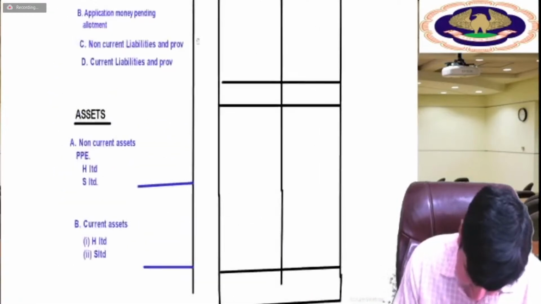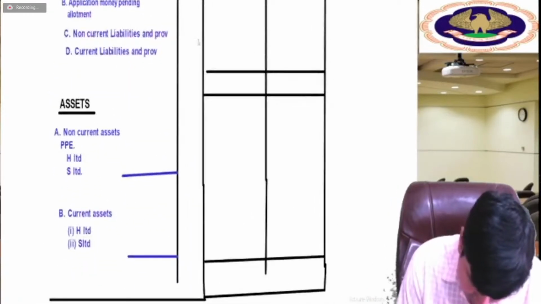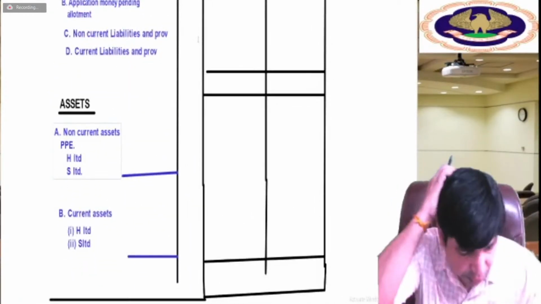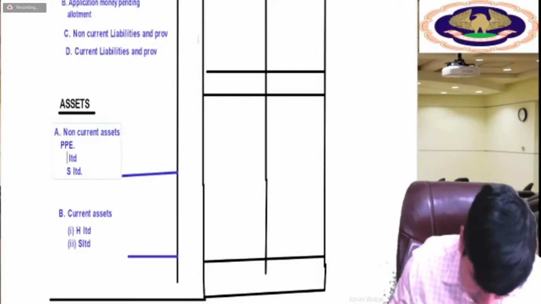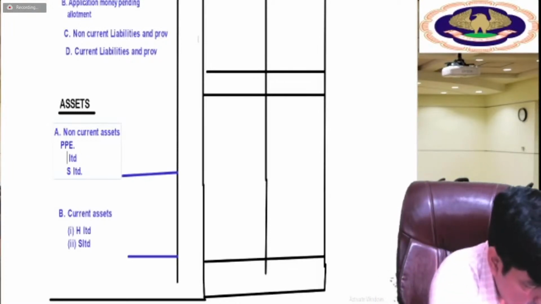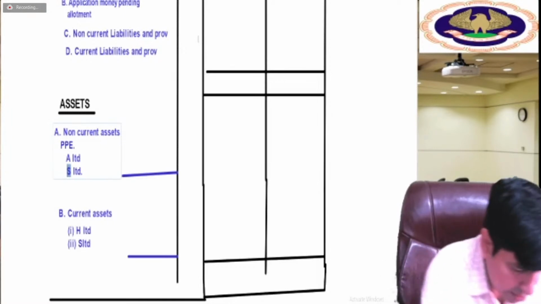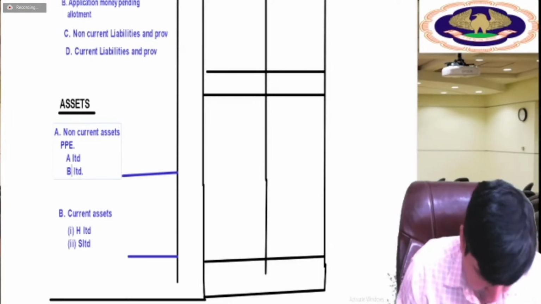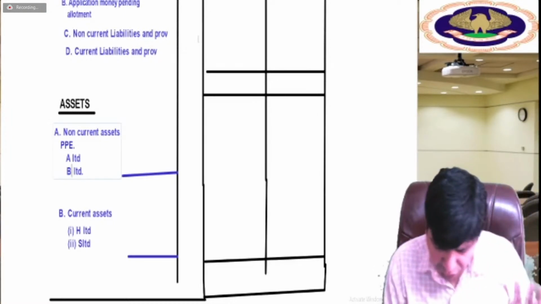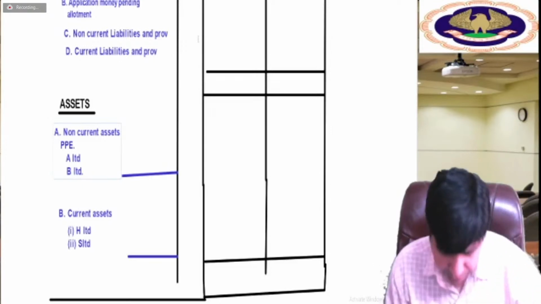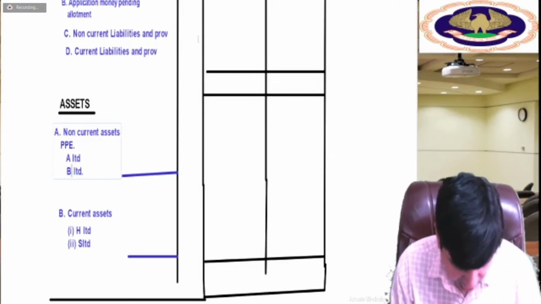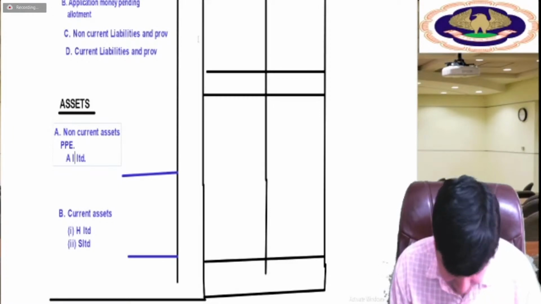We have to change some words in this format also. Already we have prepared A limited and B limited. It will be much better to prepare notes to accounts instead of writing here, since these are having adjustments.